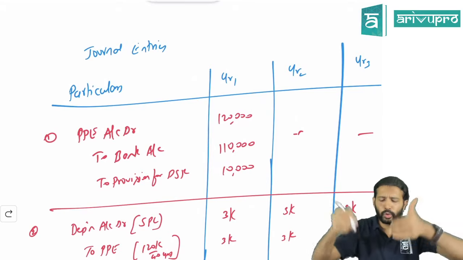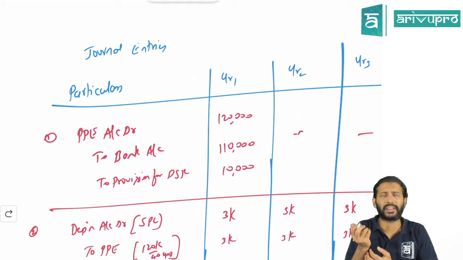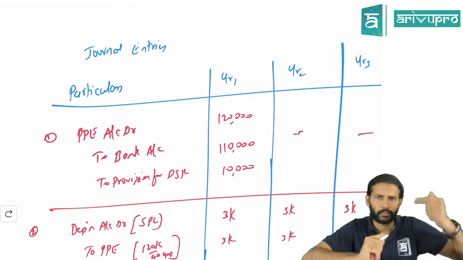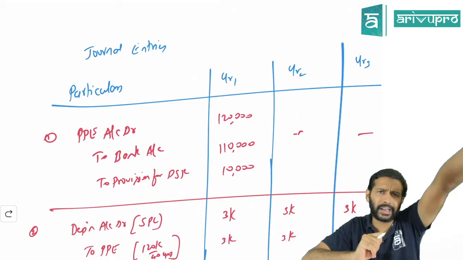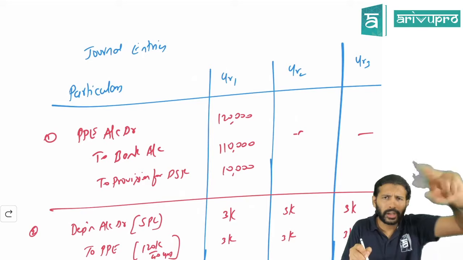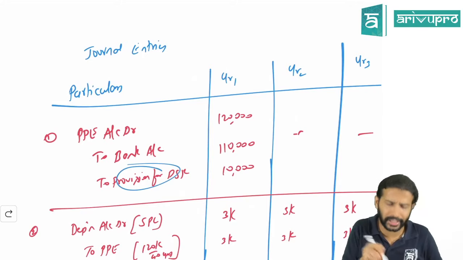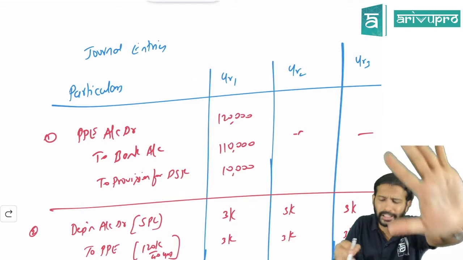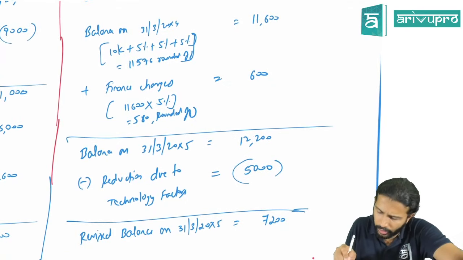Now this provision for DSR present value balance is reducing. So what logically you should have done? DSR cost, since you have initially capitalized earlier, since there is a reduction now, there's an estimate change. Reverse entry you should have passed. Provision should have been debited. PP should have been credited. That's what you should have done for that 5,000 reduction in provision balance here.